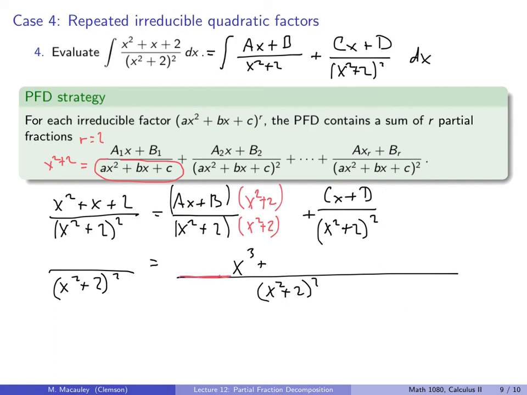We have a of them, so we have ax cubed. How many x squareds do we have? So we're going to have some number of x squareds. All we have is the b times a.